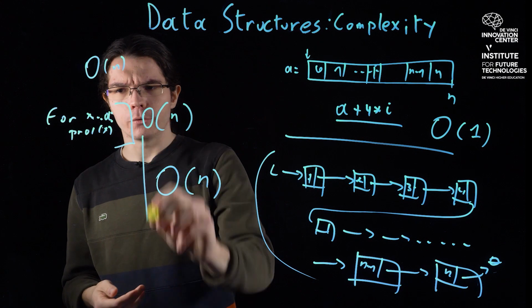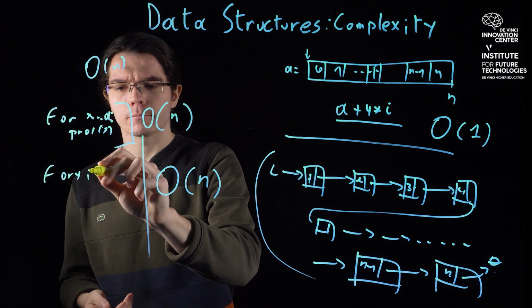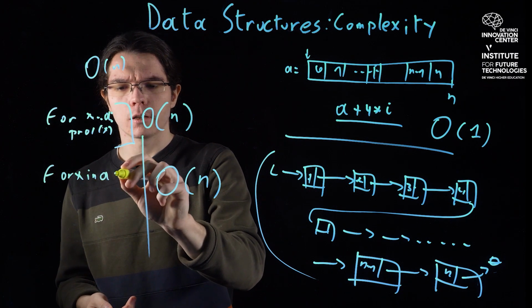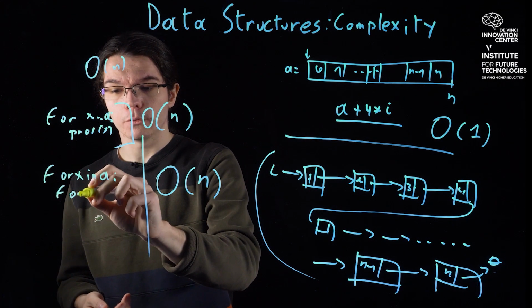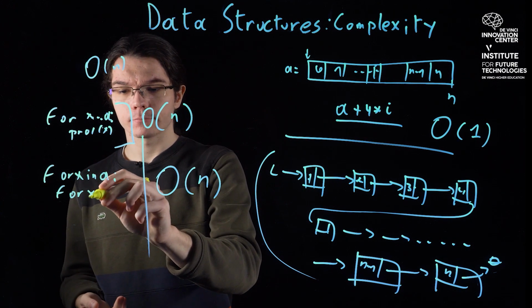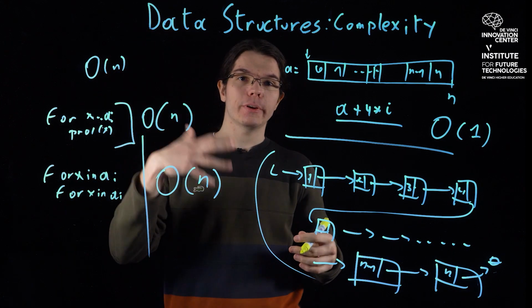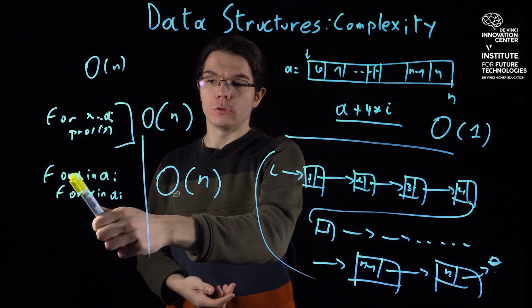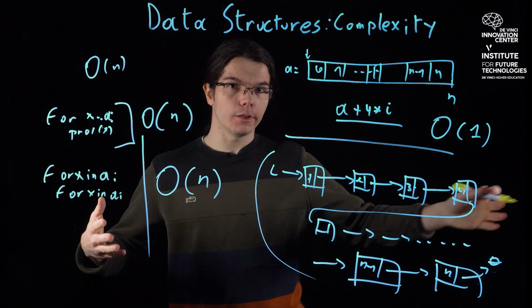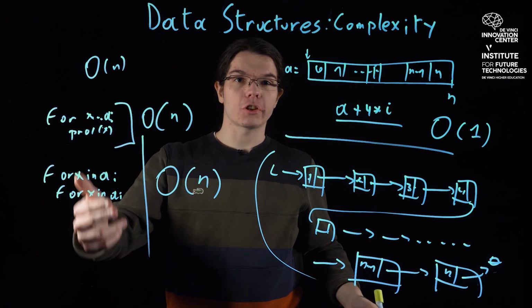But what happens now if you do for x in A, and then you actually want to do for x in A again. So you actually want to do a loop inside of a loop, and you're going to loop over the complete list of A, and then loop over the complete list of A again each time.